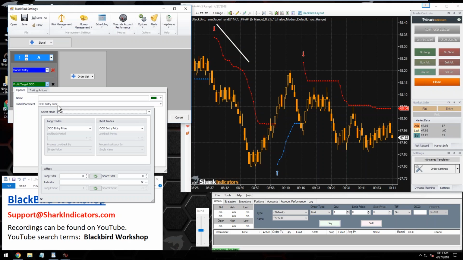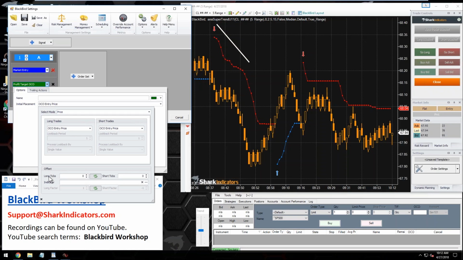So, yeah, if you want to do points, you will have to convert ticks to points. One thing that BlackBird doesn't have yet, but that is on the list, is the ability to adjust the offset from ticks to points.